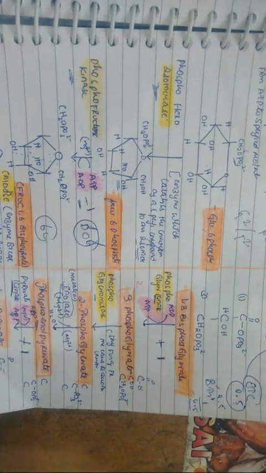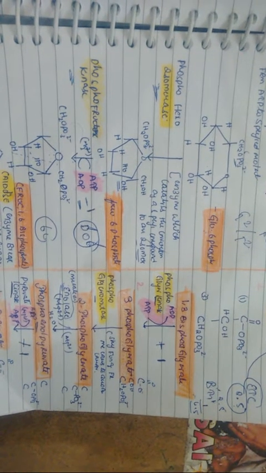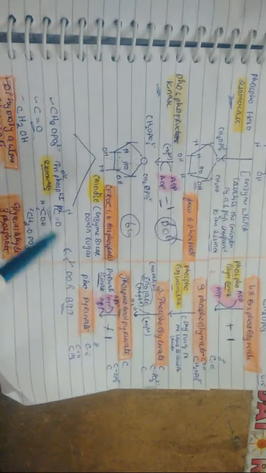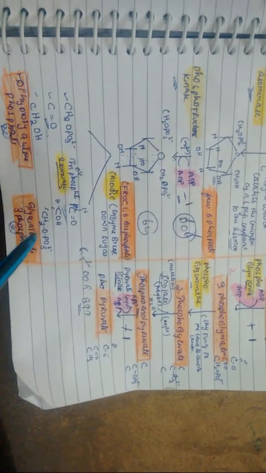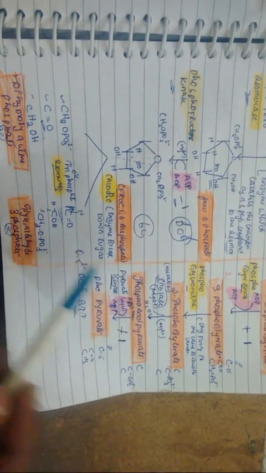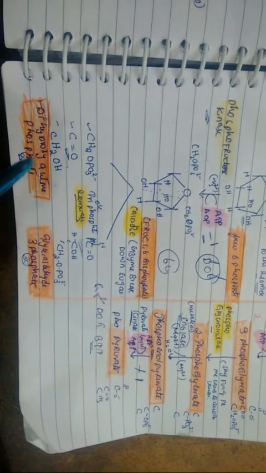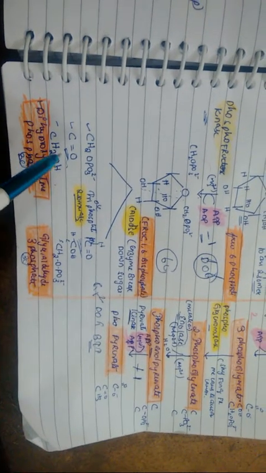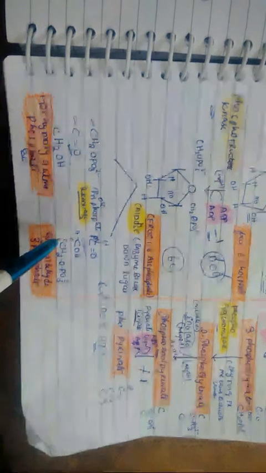But now let us understand the concepts here. Now I spoke only about this one, glyceraldehyde 3-phosphate. Now you have to understand that you have another molecule known as dihydroxyacetone phosphate, and even that converts and can go into this cycle.